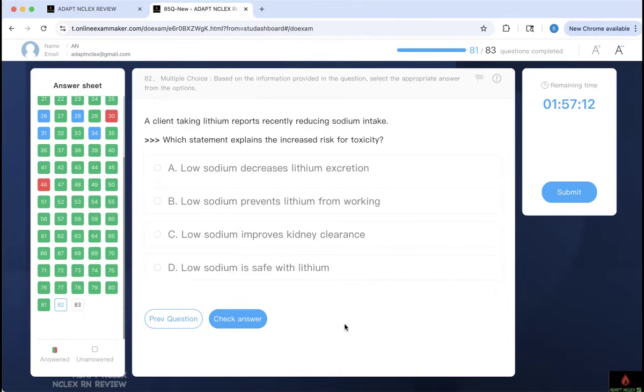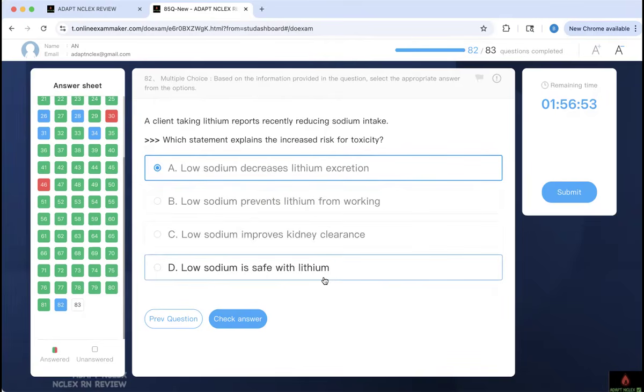I can tell you, you want to maintain sodium normal, otherwise lithium will cause what? Toxicity. Therefore, low sodium, decreased lithium excretion. When you have low sodium, the excretion of lithium is decreased and the lithium builds up and you have toxicity.